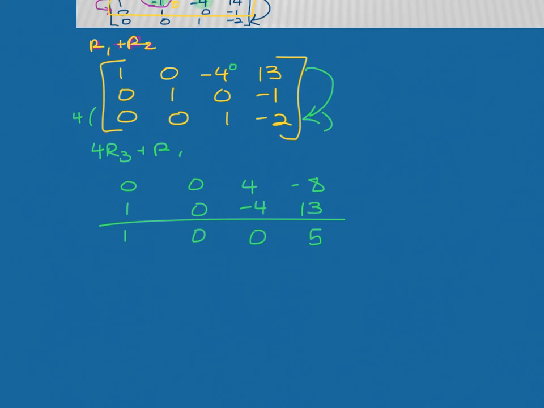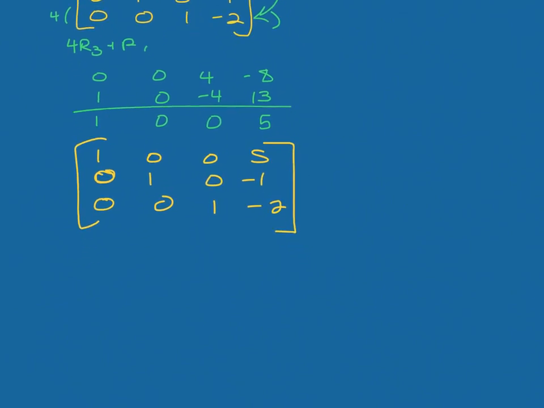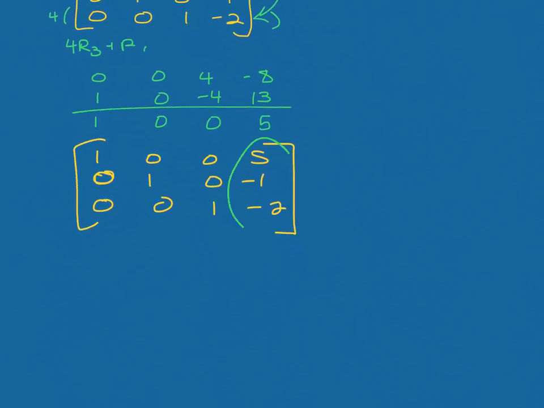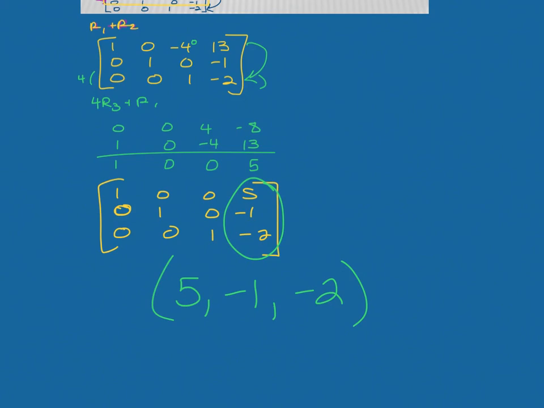That replaces row 1, so I get 1, 0, 0, 5, 0, 1, 0, -1, 0, 0, 1, -2. So now it's in reduced row echelon, and all I can do is grab this column. X is 5, Y is -1, and Z is -2. So same answer, obviously, because it's the same system, just a different method.